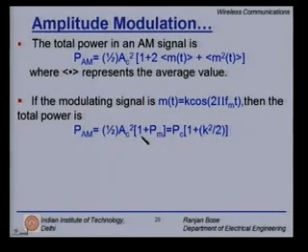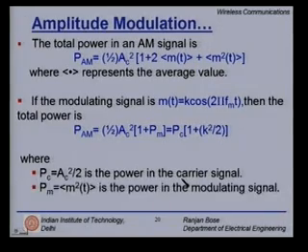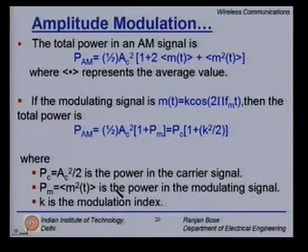We have seen this before, where Pc equal to Ac squared by 2 is the power in the carrier and Pm is the power in the modulating signal. K here is the modulation index.